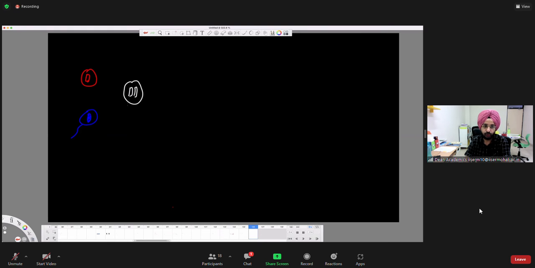So this is coming directly from here. But there is another hypothesis which says that this gets reactivation, and then reinactivation at the 4-cell stage.